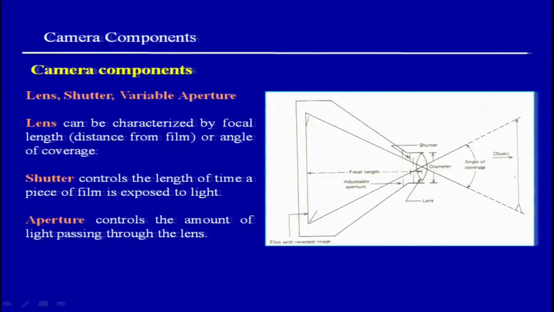Then comes the aperture, which controls the amount of light passing through the lens. So again, one is the lens, that is the lens focal length and the diameter of the lens, which is an important part.